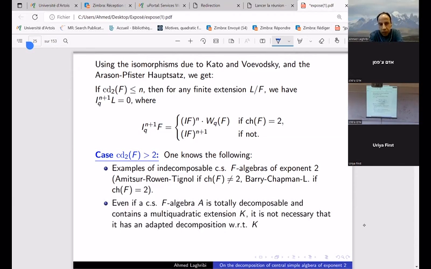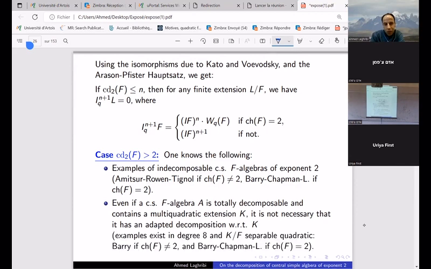And even if a central simple F-algebra A is totally decomposable and contains a multi-quadratic extension K, it doesn't immediately imply that the algebra has an adapted decomposition with respect to K. And we have an example, for example in degree 8, where K/F is a separable quadratic extension.